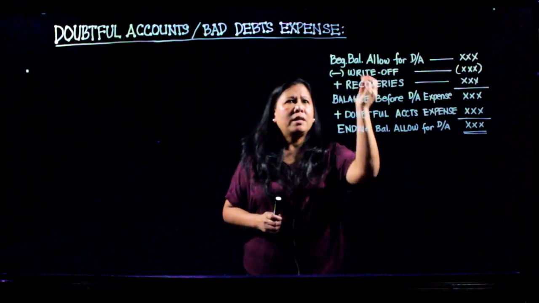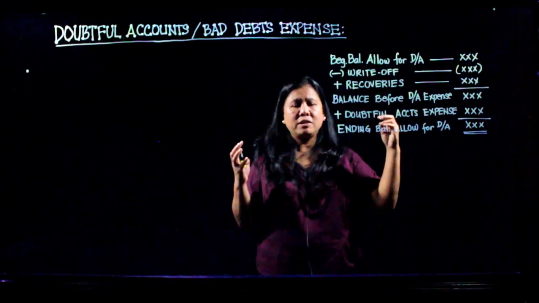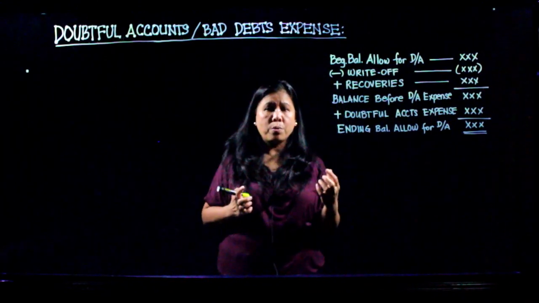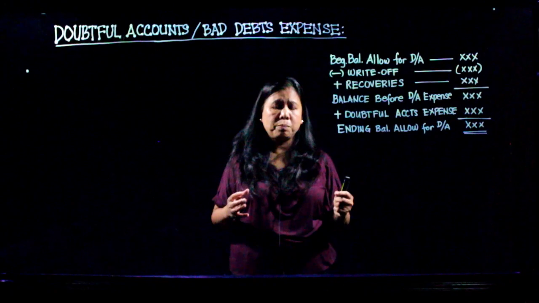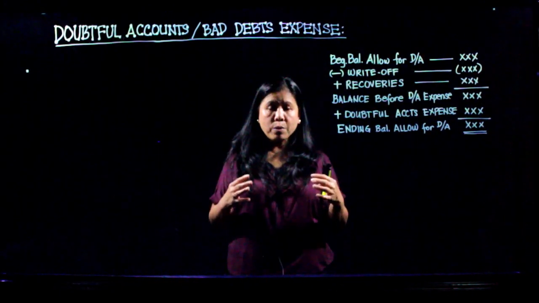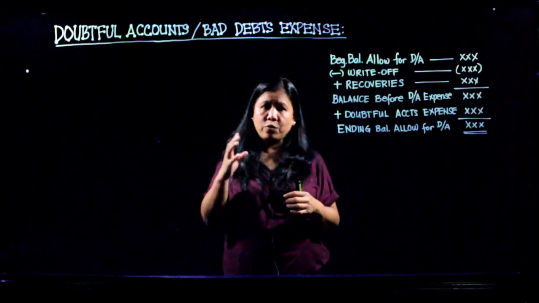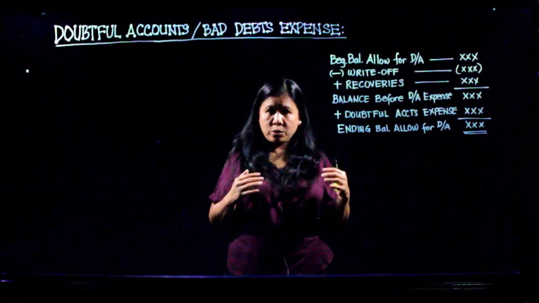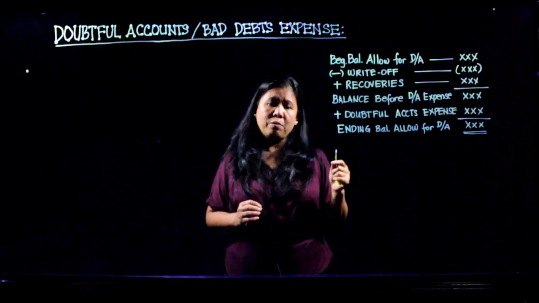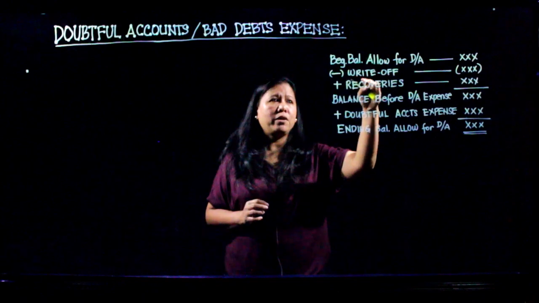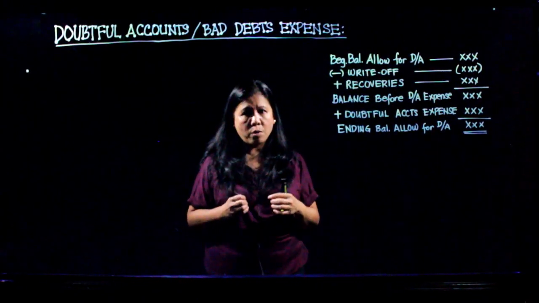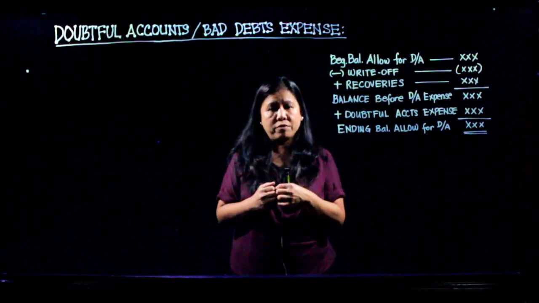Now, let's say we have our beginning balance of our allowance for doubtful accounts. We minus our write-off. Why minus? Because when we have a write-off, our entry is debit to allowance for doubtful accounts and credit to accounts receivable. Now, we add recoveries.